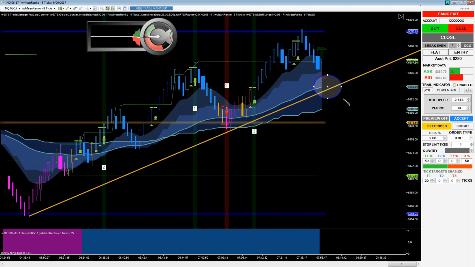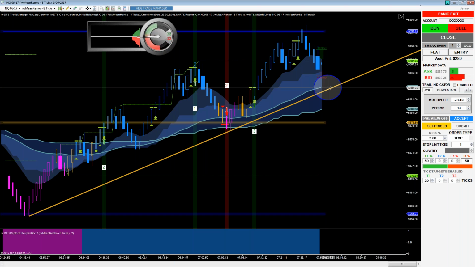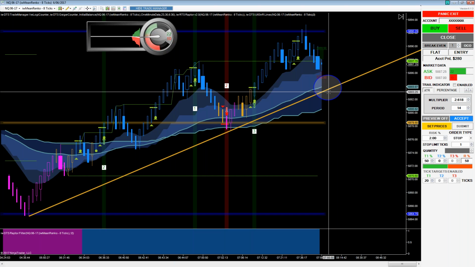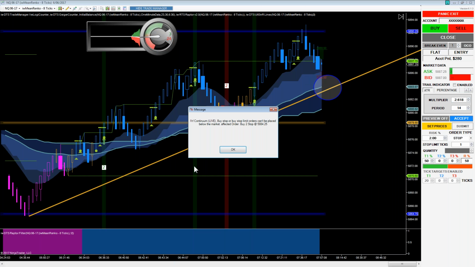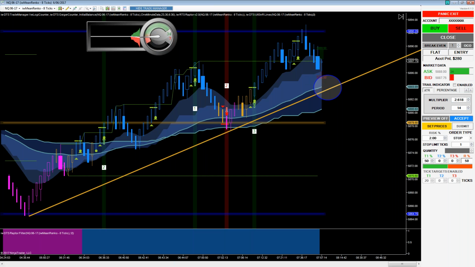I can tell you there's a lot of traders looking at this whole 58.83, 58.84 area for the market to make a reaction. They're going to be watching the trend line. You cannot take that type of order with a stop order; you're going to get an error signal. In order to enter below the market, you need to use a limit order. So I could look to buy 58.84, and Peter's suggesting, run a very deep stop like that.